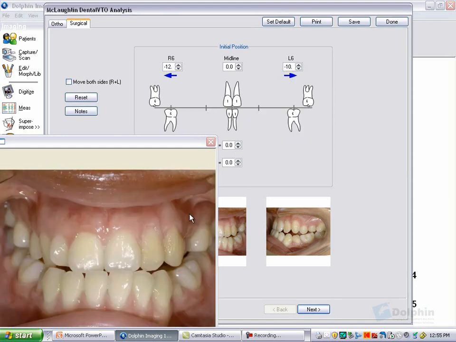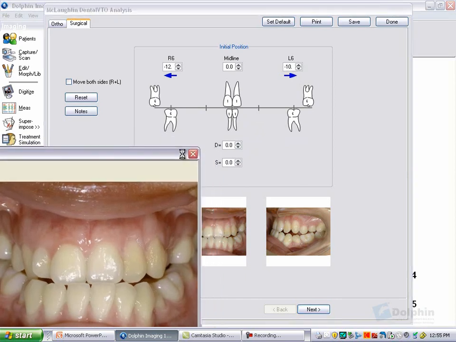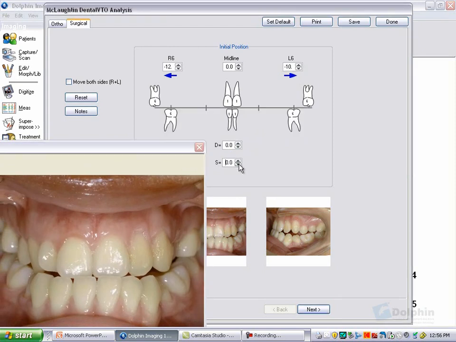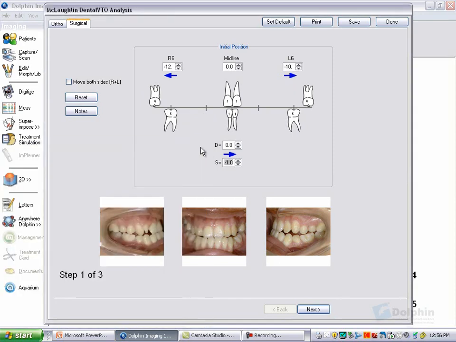Midlines, the upper midline is symmetrical and the lower midline is skeletally off 1 millimeter. So he'll record it as a skeletal problem, and the surgeon will correct that in his treatment process. Again, we need to check this chart with our wax bite and with centric relation.